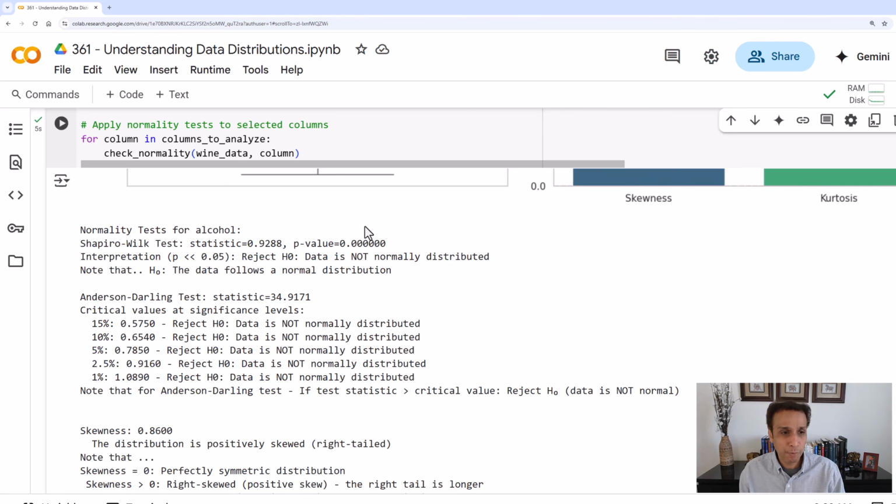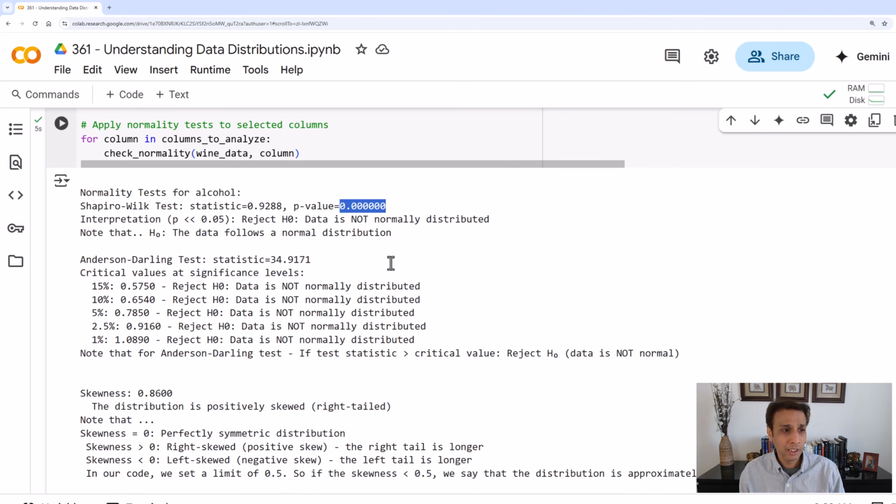And of course, this is much smaller than 0.05. We are going to reject our null hypothesis, meaning our data is not normally distributed. And again, note that our null hypothesis is nothing but that the data follows a normal distribution. We disprove that because we have a very small p-value for the Shapiro-Wilk statistic.